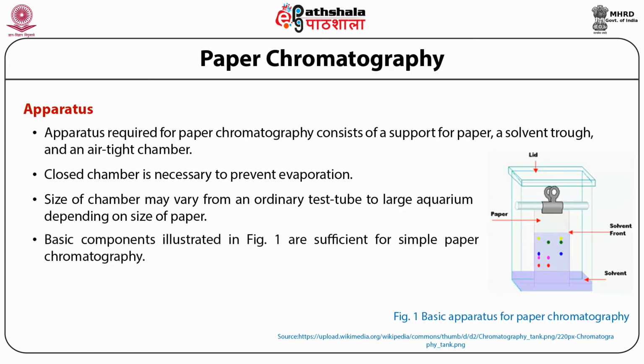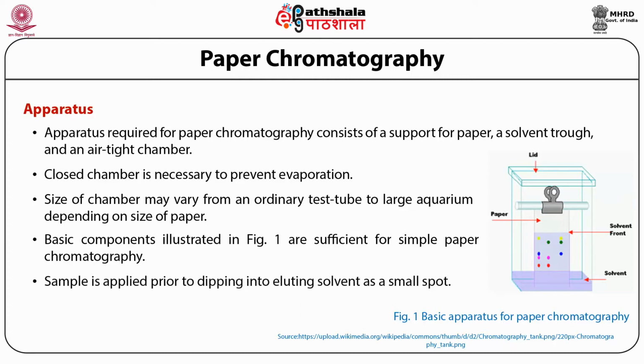The basic components of the apparatus are shown in figure 1, which are sufficient for simple paper chromatography, but a number of modifications are now available for convenience or for special methods of development to be described below.